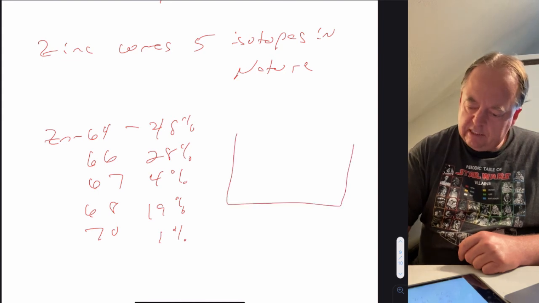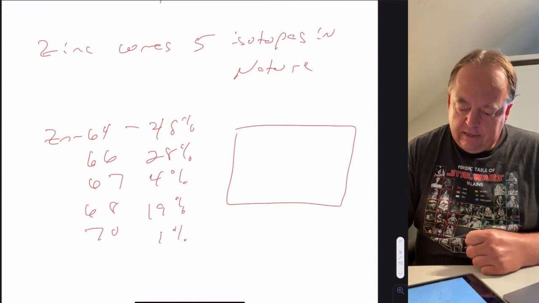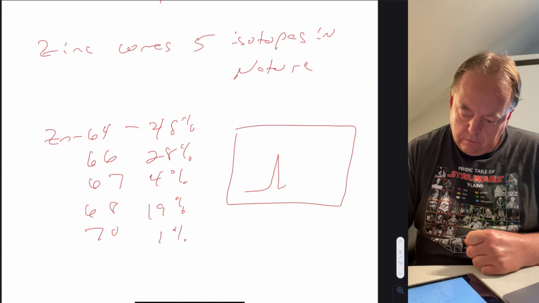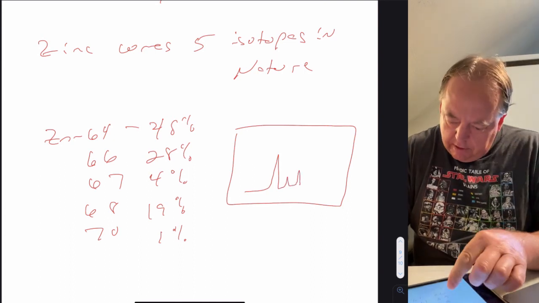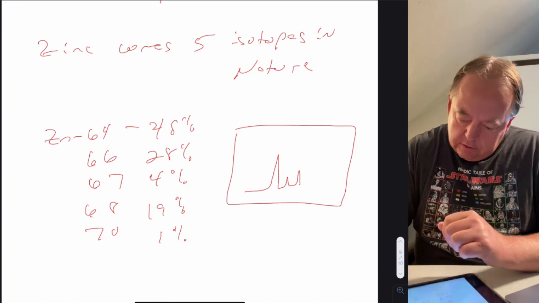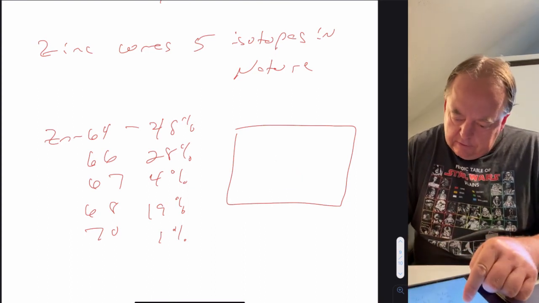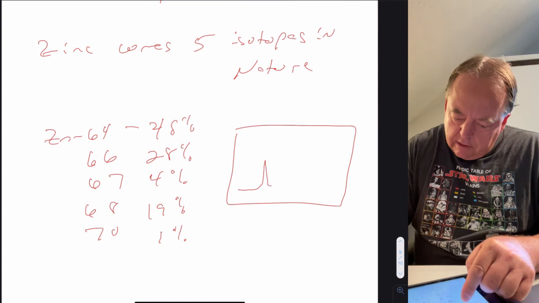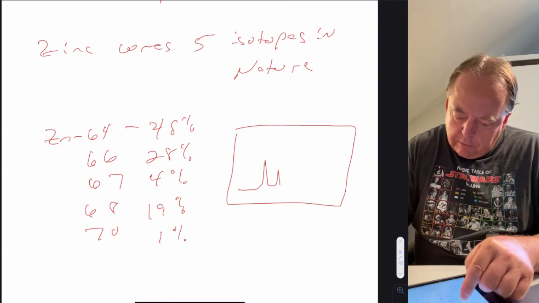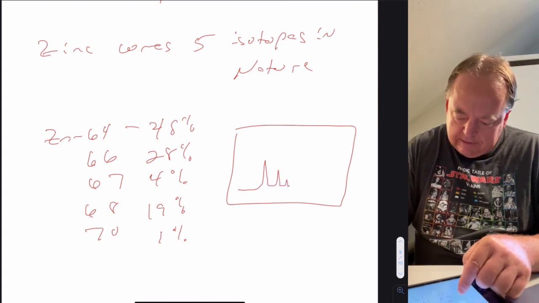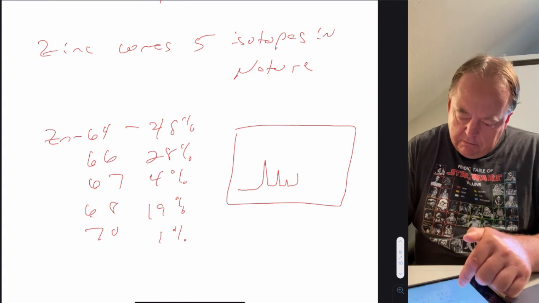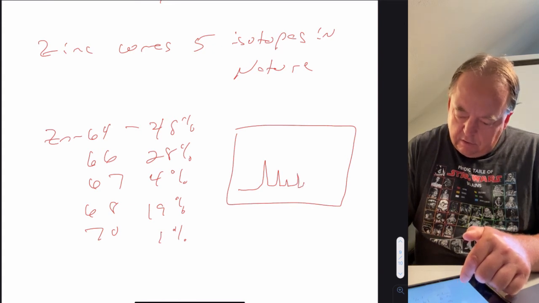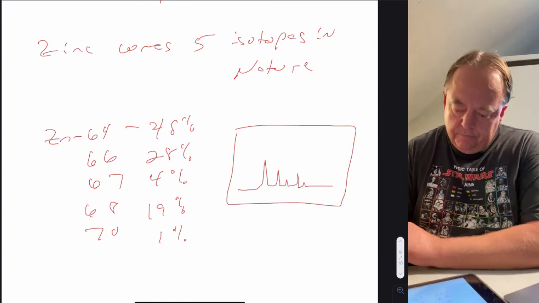So if you looked at the mass spec of a compound with zinc in it, you have a zinc 64 in the molecule, a zinc 66 possibly in the molecule, maybe a zinc 67, maybe a zinc 68, or maybe a zinc 70 in the molecule.